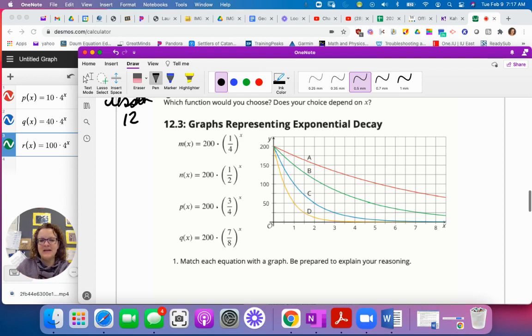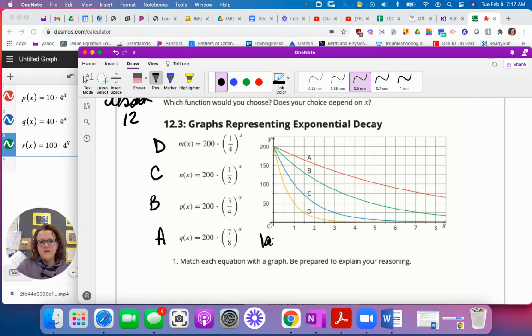Here is the next biggest, so the next most remaining, and this one has the most remaining. So here not much is remaining at each time period. So I believe this is going to be D. And then the next one we've got C. And then here B. And then here we have A.